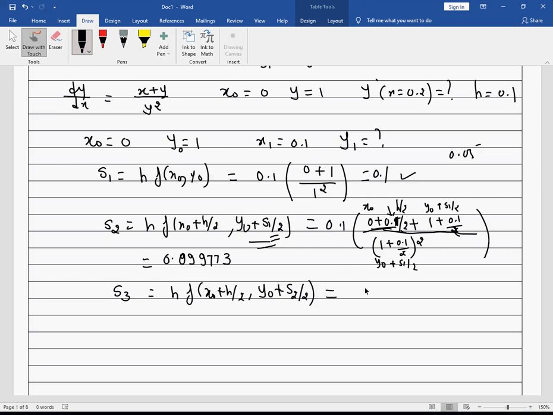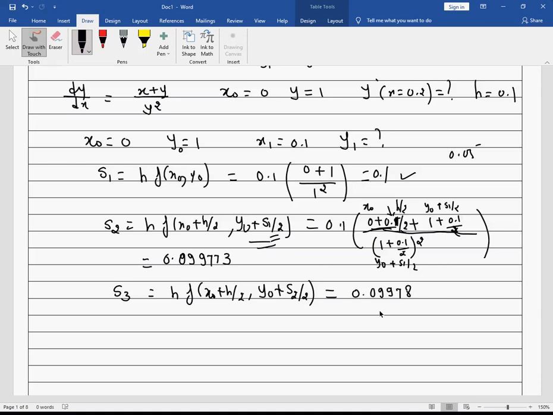I will write the 4 or 5 decimal places which are correct, and those are 0.09978.